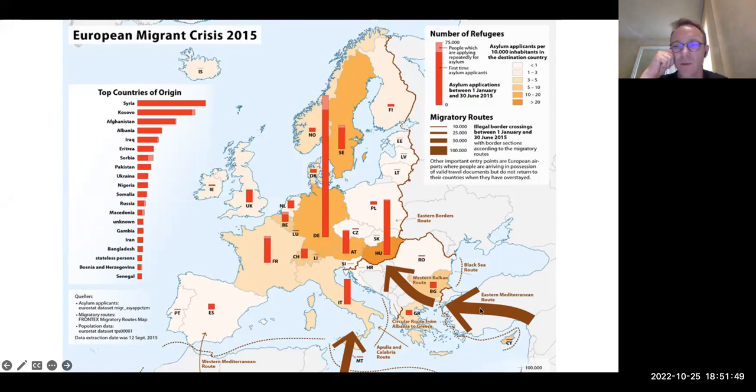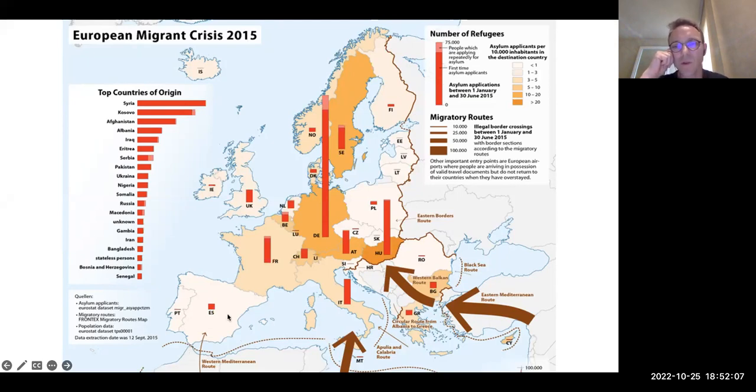The route of Turkey to Greece, for example, which was the strongest route in 2015, but also Libya to Italy, and now more and more the Western Mediterranean route, Morocco, Mauritania, Senegal to Spain.